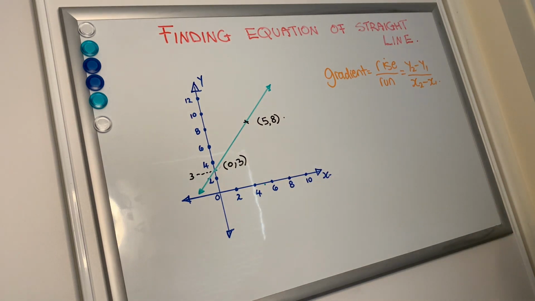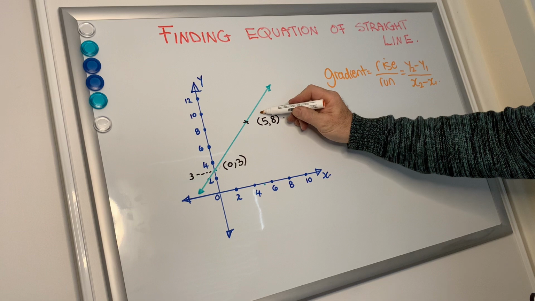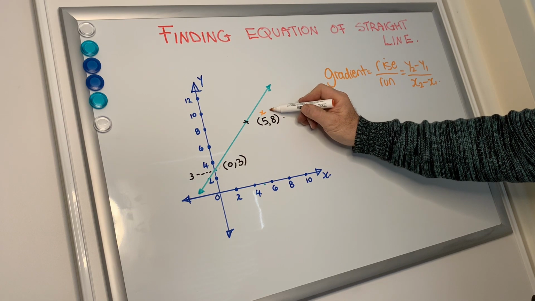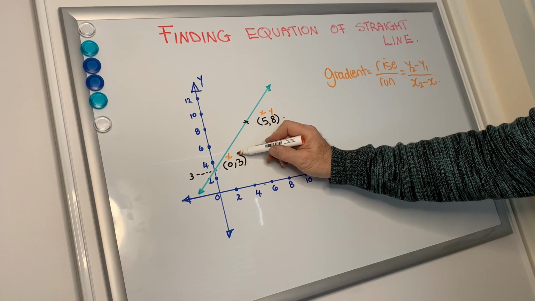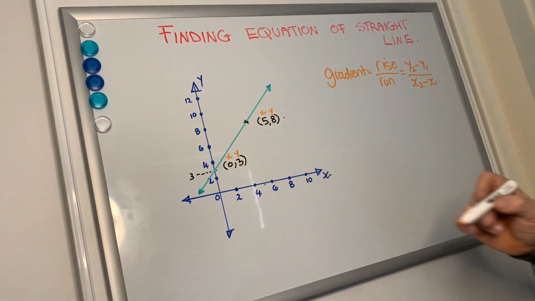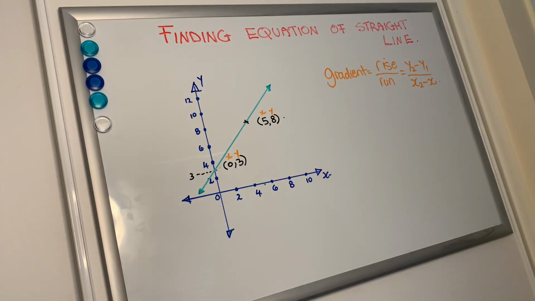And remember what we said: the first value is the x, the second value is the y. That is very, very important, because a lot of students do find that quite confusing.